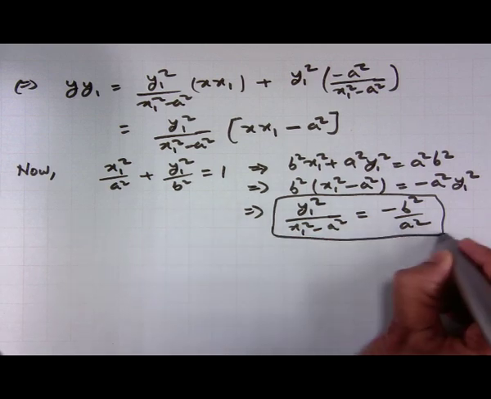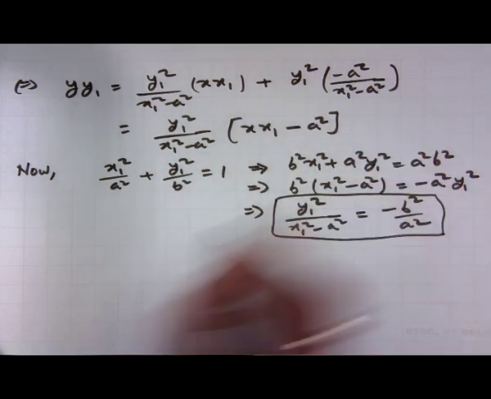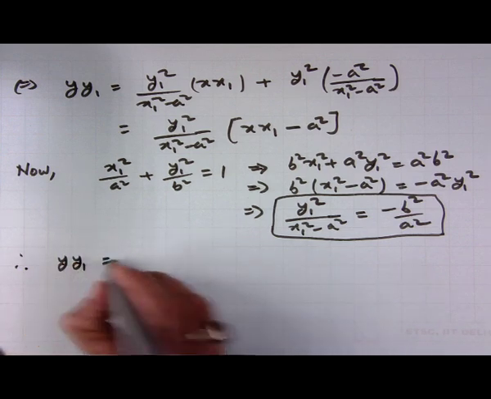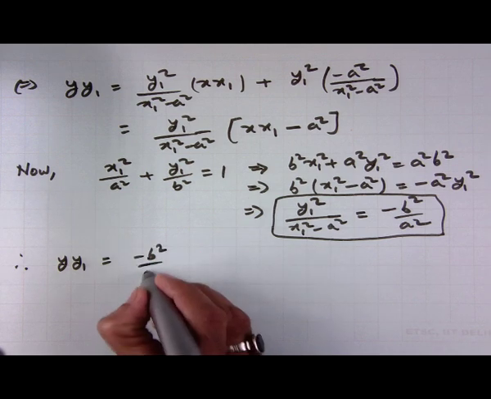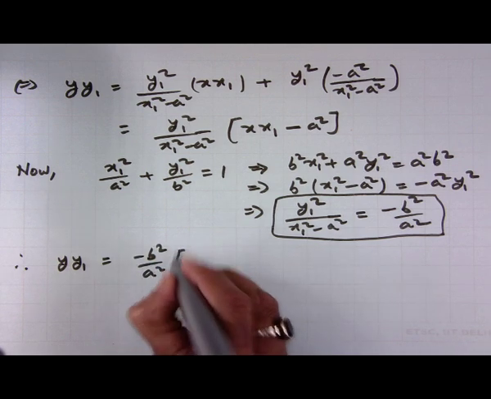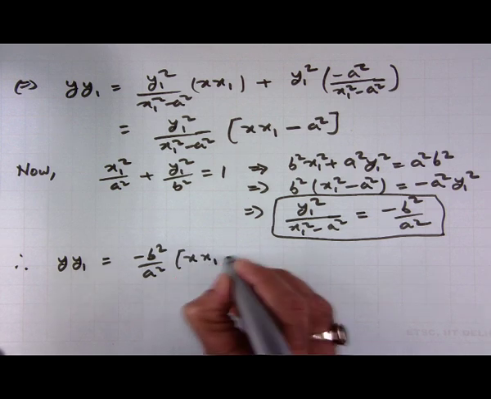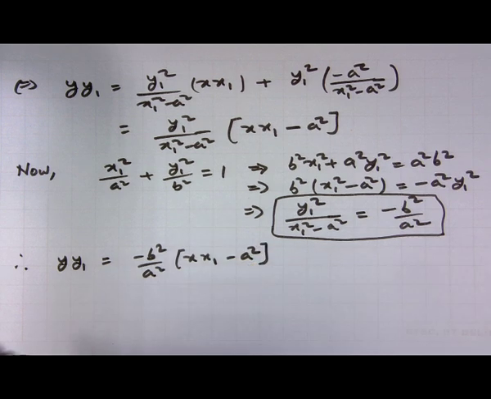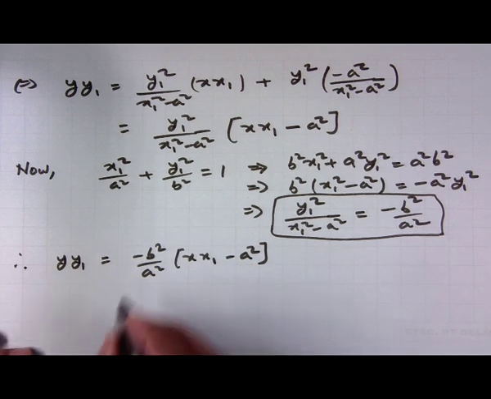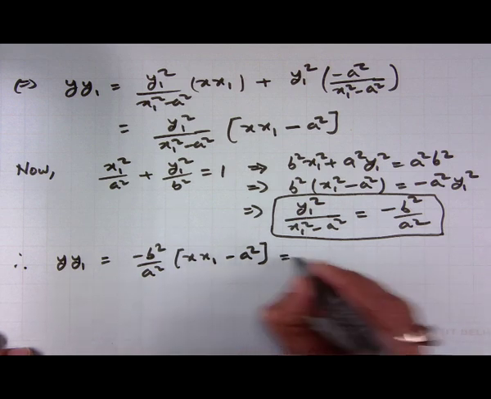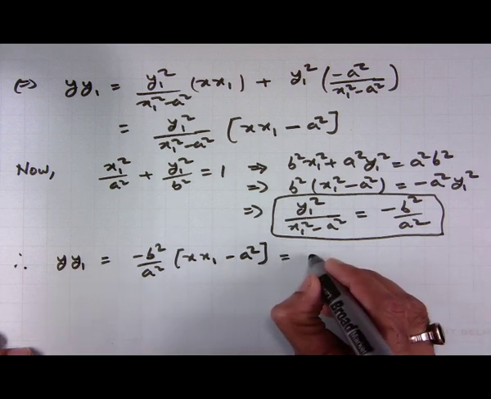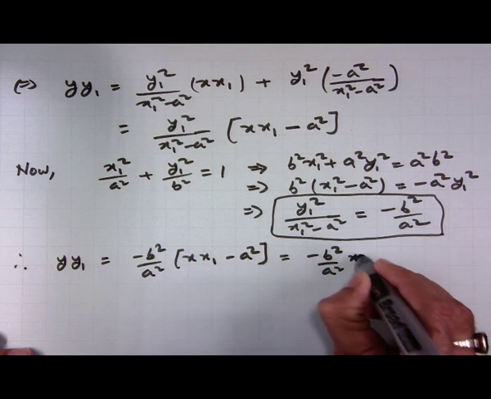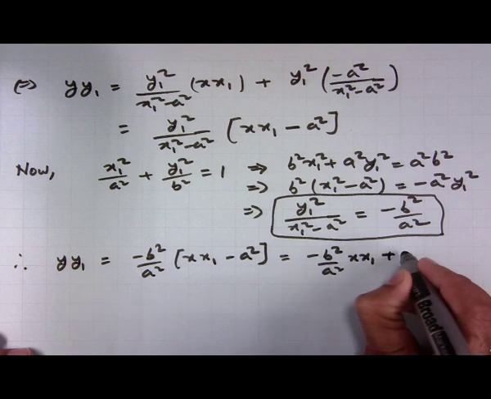So, we put it back in the above equation to get y1 equal to minus b square by a square times x1 minus a square, which is equal to minus b square by a square x1 plus b square.